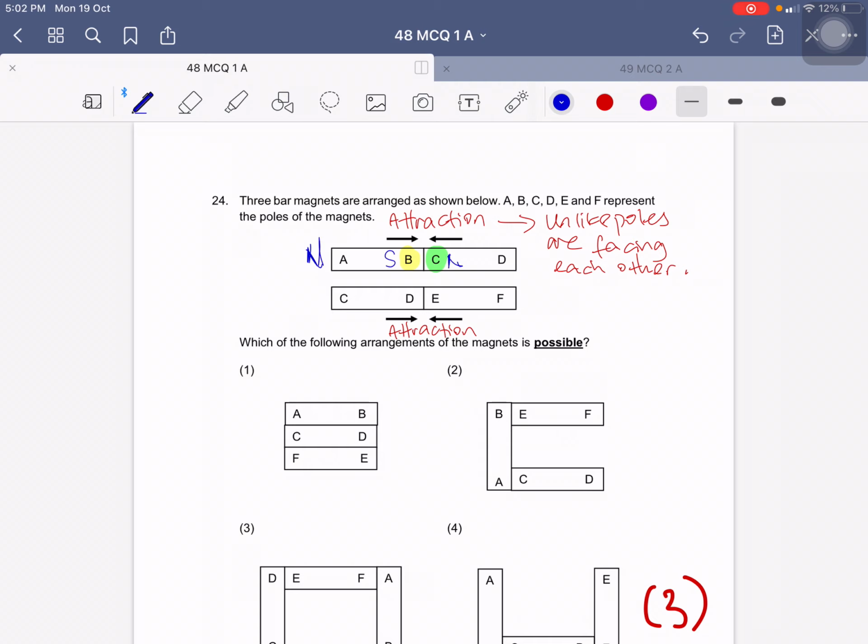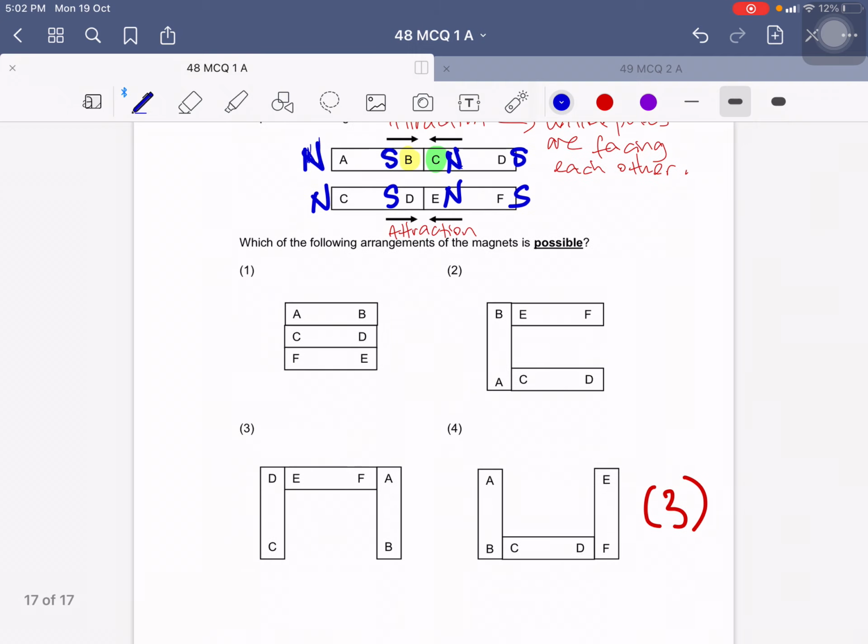So this will be north, this will be south. Okay, let me put it thicker, north, south. And because C over here, we already put north, so I'm going to put north here. So north, this will be south. And hence this is north, and this is south.